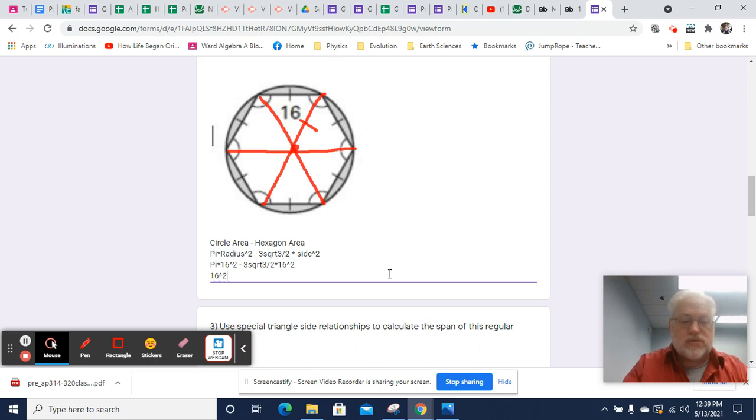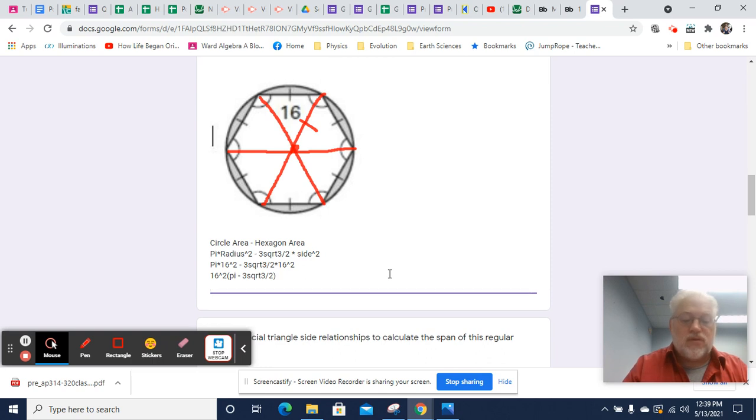I'll say 16 squared here, and then I'm going to have in parentheses pi minus 3 square root of 3 over 2. Okay, I've just factored that 16 squared out. So that's going to be 256 times pi minus 3 square root of 3 over 2. And that'll be units squared. And that's actually a good enough answer for right now.